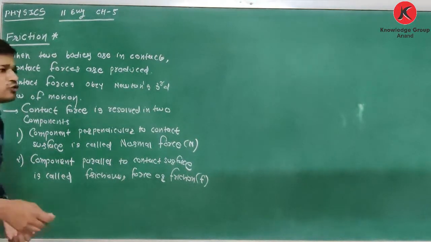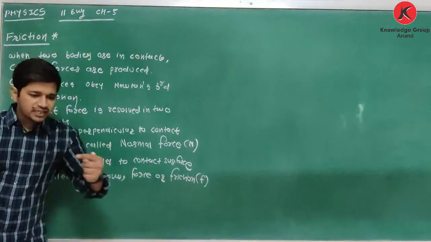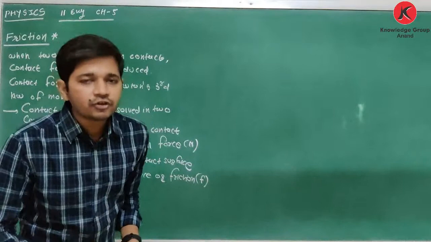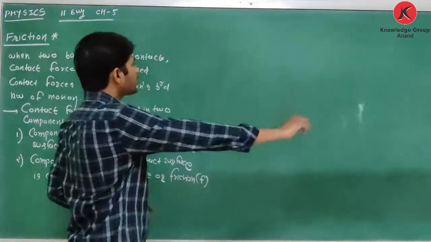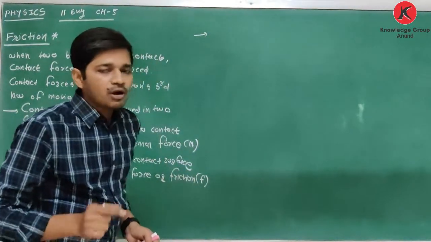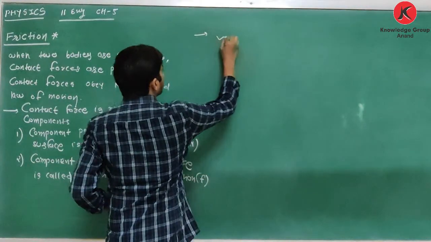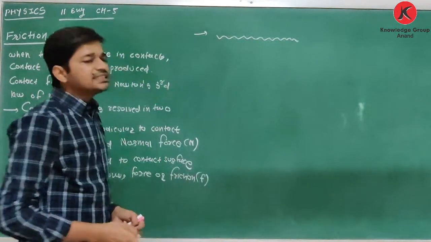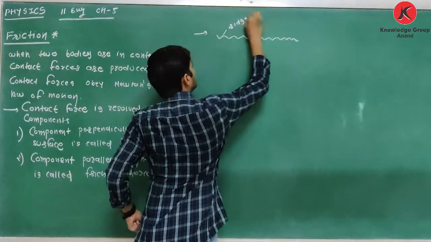If you observe any surface with naked eyes, it seems to be smooth. But if you observe any surface with the help of a microscope, at the micro level it looks like this, in the form of ridges and valleys.